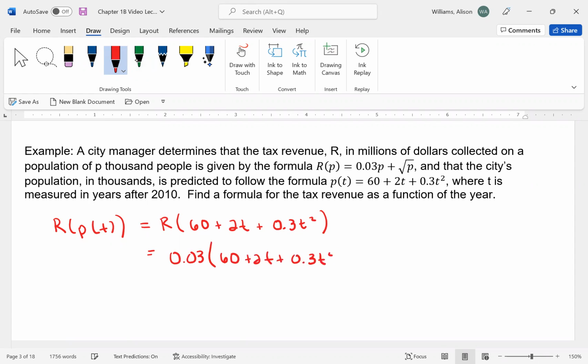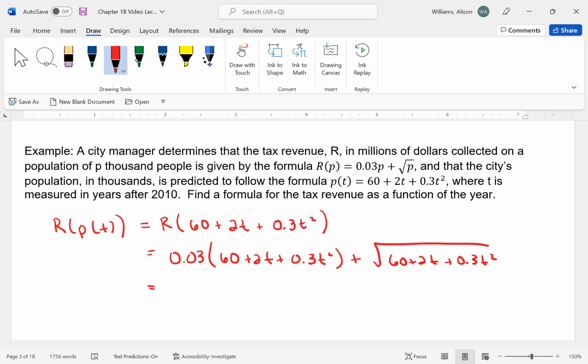That's what we're plugging in for P, plus the square root of all of that in parentheses, 60 plus 2t plus 0.3t squared. All right. So we could multiply the 0.03 into the initial one, but really it's not going to give us much to simplify. So let's just do that really quick.